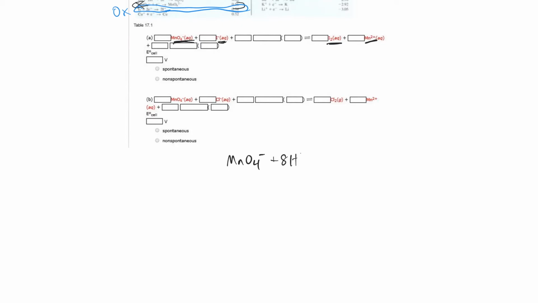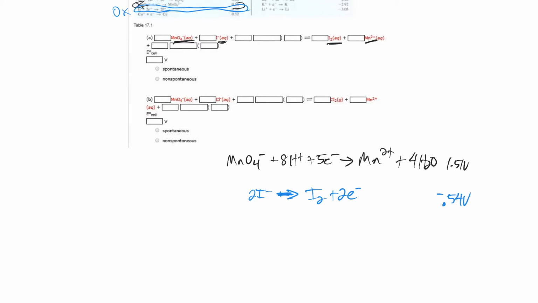Okay, straight from the table. Permanganate plus 8 hydrogens plus 5 electrons yields manganese 2+, 4 waters, with a voltage of 1.51 volts. For the oxidation side, we've got 2 iodide ions becoming iodine and 2 electrons with a voltage of, after flipping it, negative 0.54 volts.